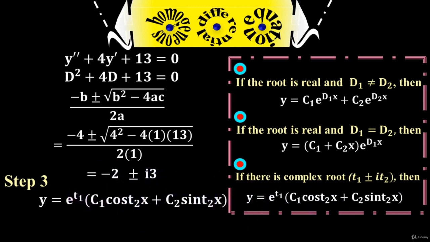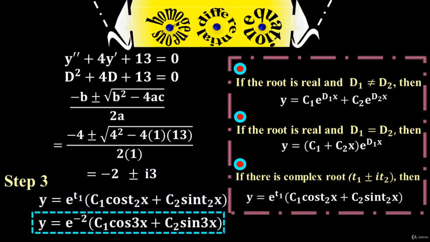This is the final value in step 3: y equals e to the minus 2x into c sub 1 times cos 3x plus c sub 2 times sin 3x. These are the 3 steps in the procedure to solve a second order homogeneous differential equation. Let me do some tutorials of second order homogeneous differential equations in upcoming lectures.